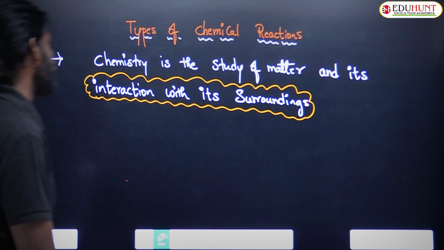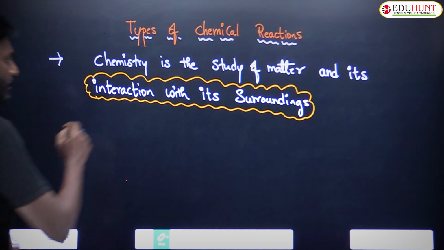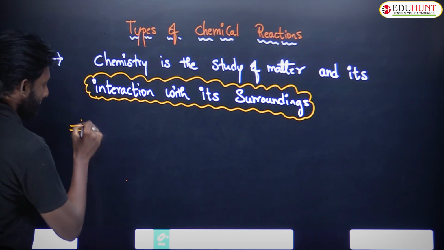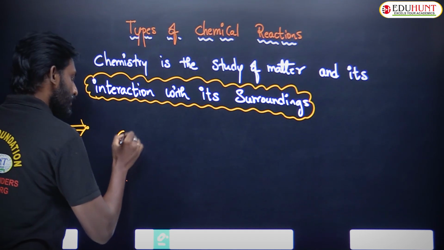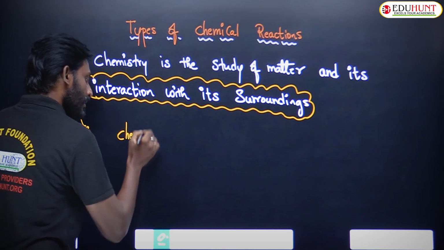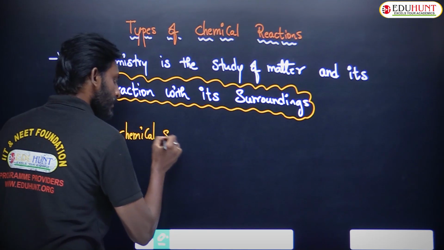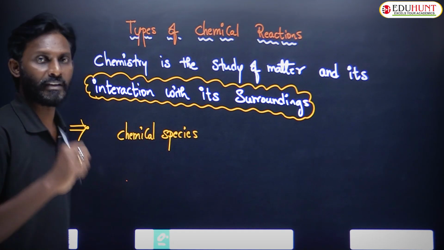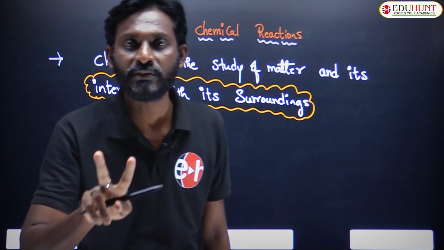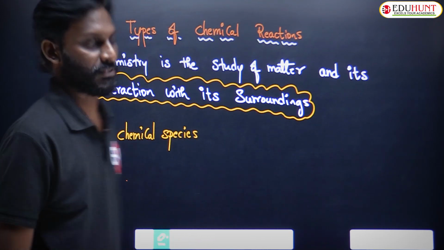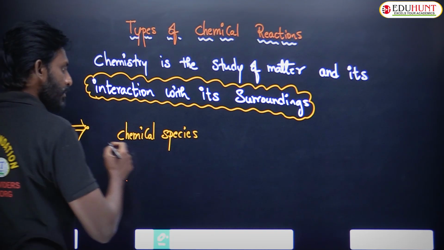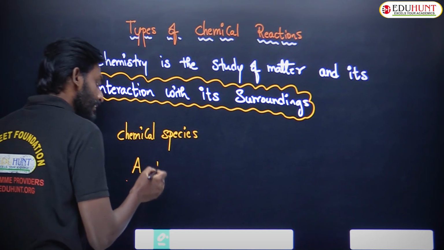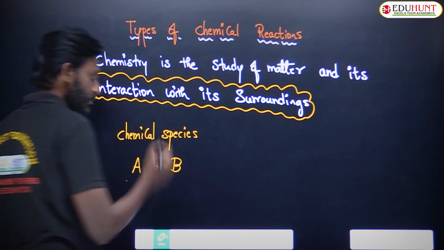So the point here is, suppose I am taking two or more chemical species. Let us say A is a chemical species interacting with B chemical species.